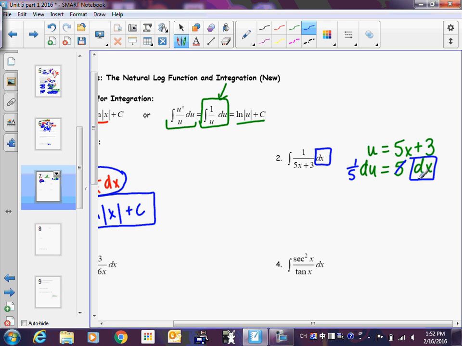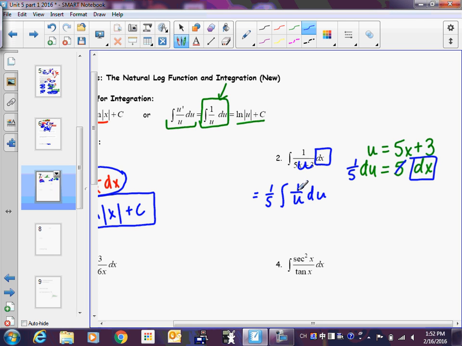So the dx gets replaced with 1/5 du. The 1/5 gets moved out to the front, just like if we did any other u substitution problem. So remember, we let u be the thing in the denominator. So what we are left with is 1 over u du. That's what you want.